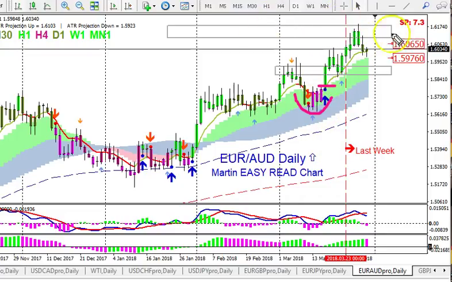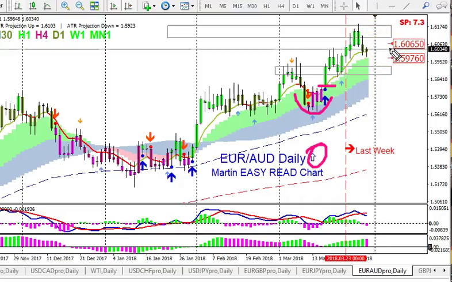And I've drawn in my rectangles, which indicates resistance up here, and this is support. So right now we're just in a pullback. When you have green above blue, this means we're still in an uptrend, and we have to expect that the uptrend will continue, okay? And I've got my bias here, my up arrow, so I'm thinking price certainly will go higher.